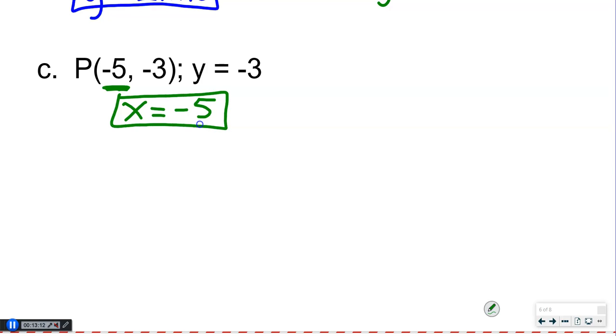If we tried setting this up like we did the others, we identify our slope here as 0. Our perpendicular slope would be undefined.